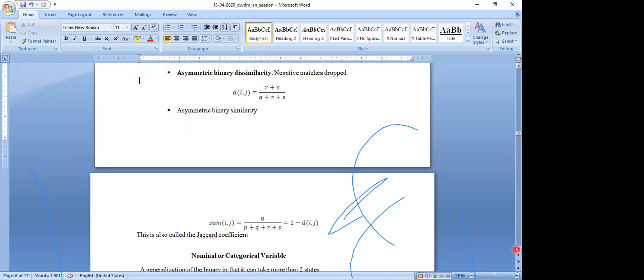Next type of data is nominal data or categorical data. Nominal or categorical data means it has more than 2 states, whereas binary has 0 and 1.